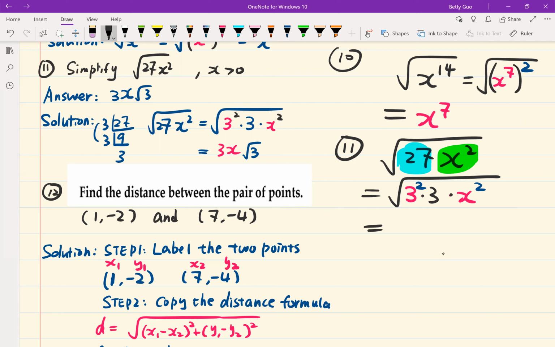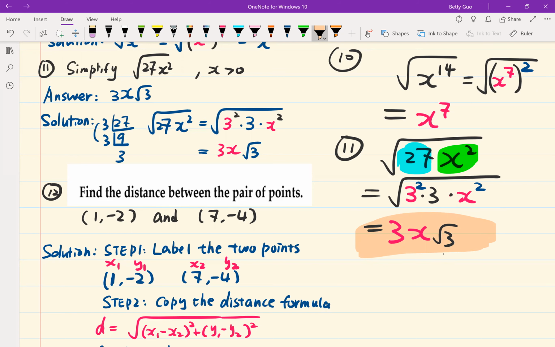The same rule applies. Whatever base has a square on its shoulder can be moved outside the radical. So 3 is out, x is out. Under the square root, we have 3. So the result is 3x times root 3. Questions?